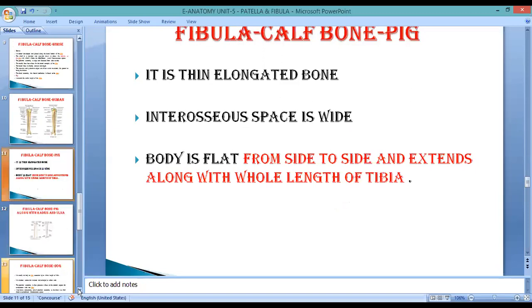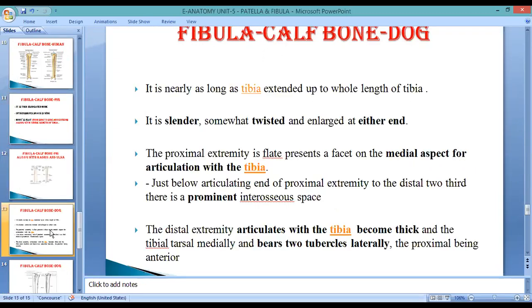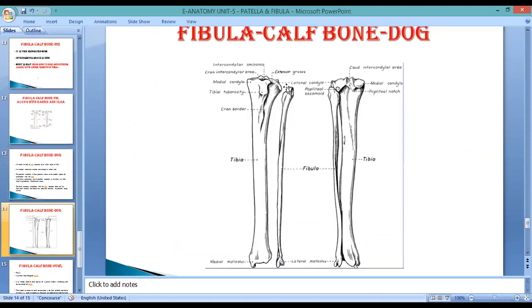And last is the fibula of the dog. So this is the fibula of the dog. Prior to going to the theoretical points, first we understand this position. When we compare all the animals, this is the pig, this is the dog.